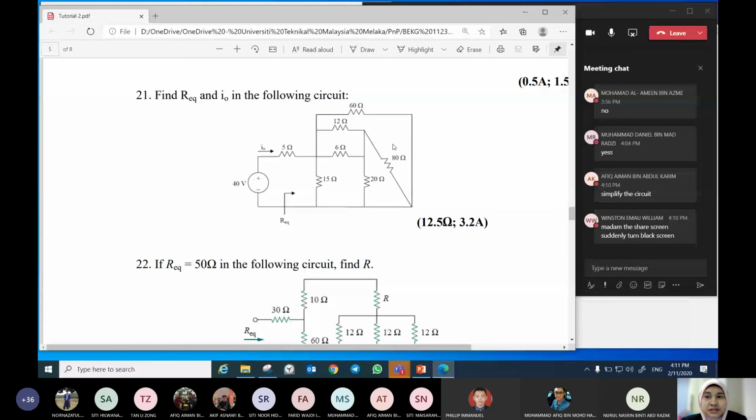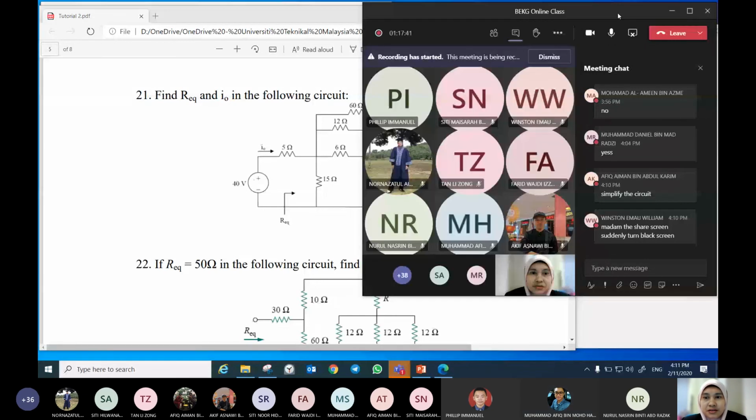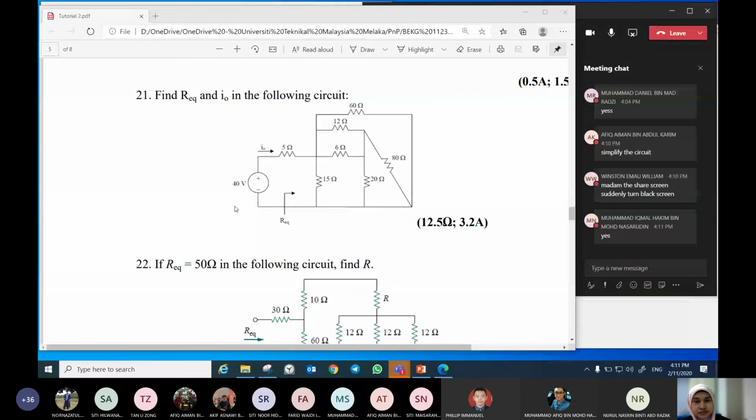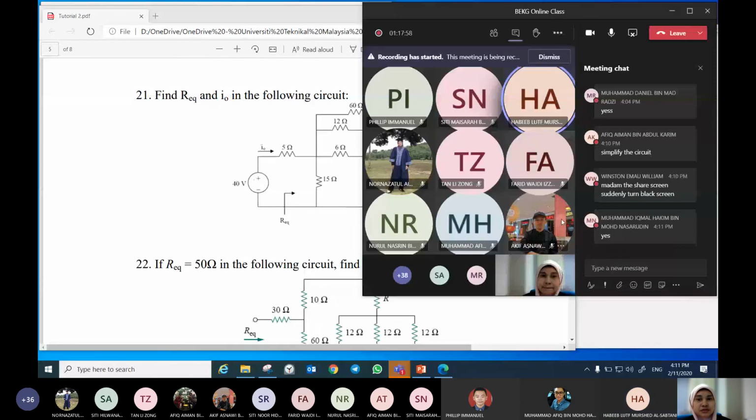Can you see my screen? Yes, we can see it. Okay. How to solve this? Akif Asmawi, how to solve? Akif, are you with me?